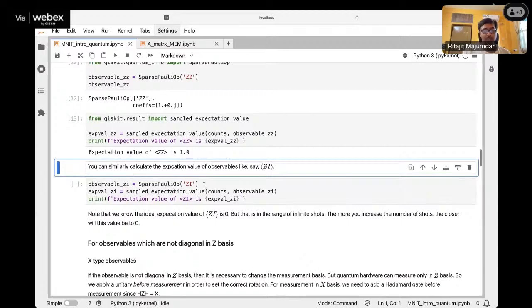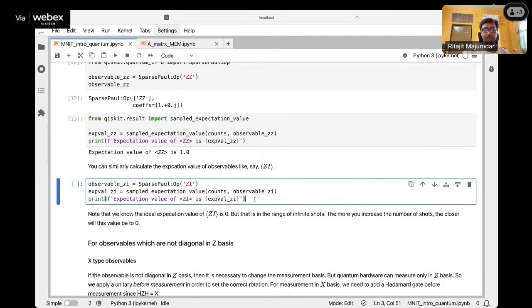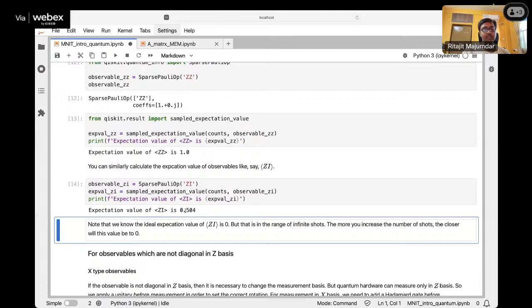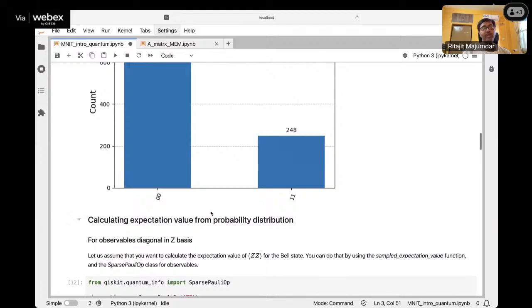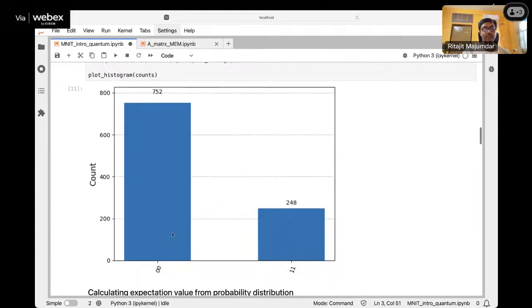Let's try out another expectation value here. Let's take ZI. So Z on the first qubit, I on the second qubit. We see this is 0.5. Now, if you do this calculation by hand, maybe this will be slightly different, because we are taking these samples, and we know that if we could ideally take infinite samples, we will get the exact expectation value.